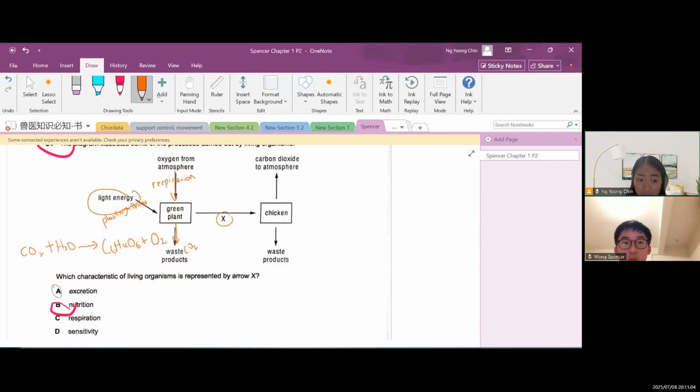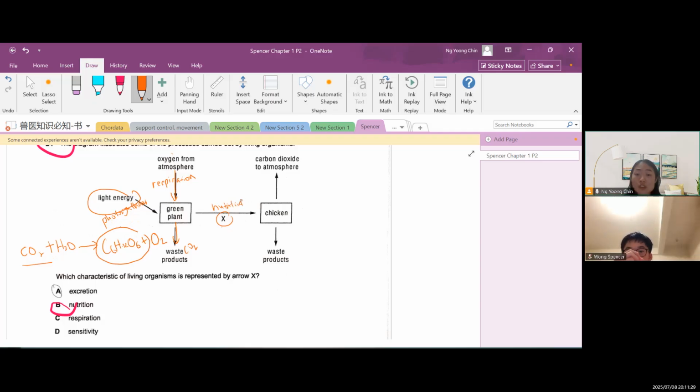Photosynthesis is a process which they convert the carbon dioxide to glucose, C6H12O6. The glucose they will store within the plants. So when the chicken eats the plant, the glucose will be taken up by the chicken. So this X will be the nutrition.